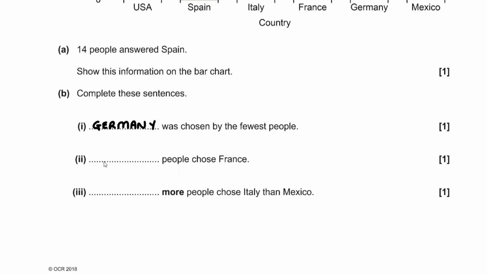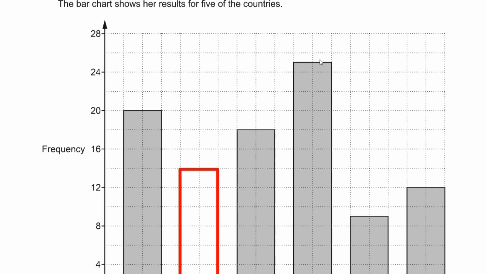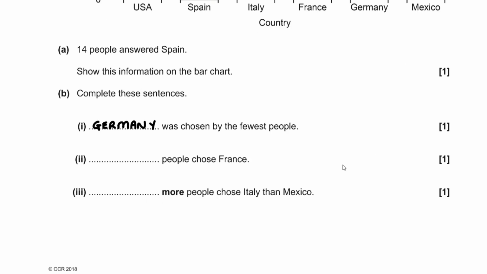Next, we have a certain number of people who chose France. Well, if we take a look at France, we've got 24 and then 28 here. So here we'd have 26. We are halfway between 24 and 26. That corresponds to 25. So we have 25 people who chose France.